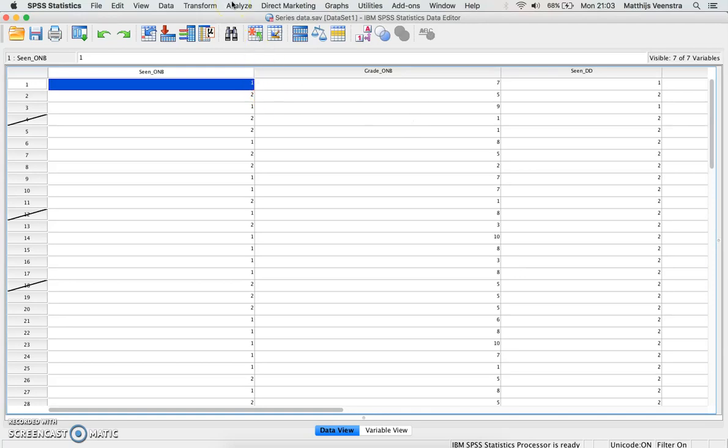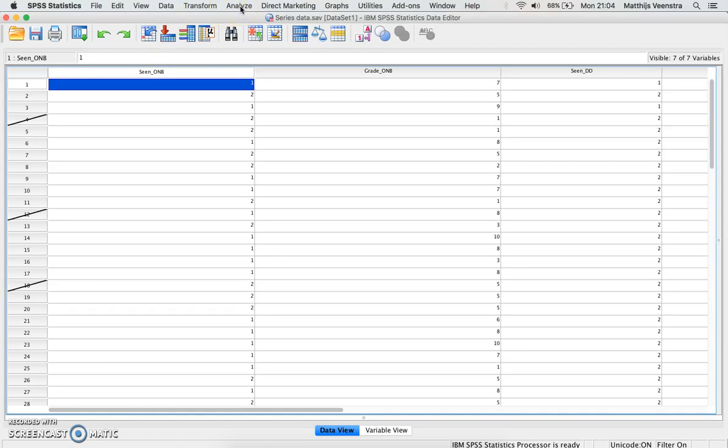Now, I might be interested to test the hypothesis that gender has an influence on whether you've seen Orange is the New Black or not. The way to do this, since both variables are nominal, with gender male, female, and with whether you've seen Orange is the New Black or not, yes or no.